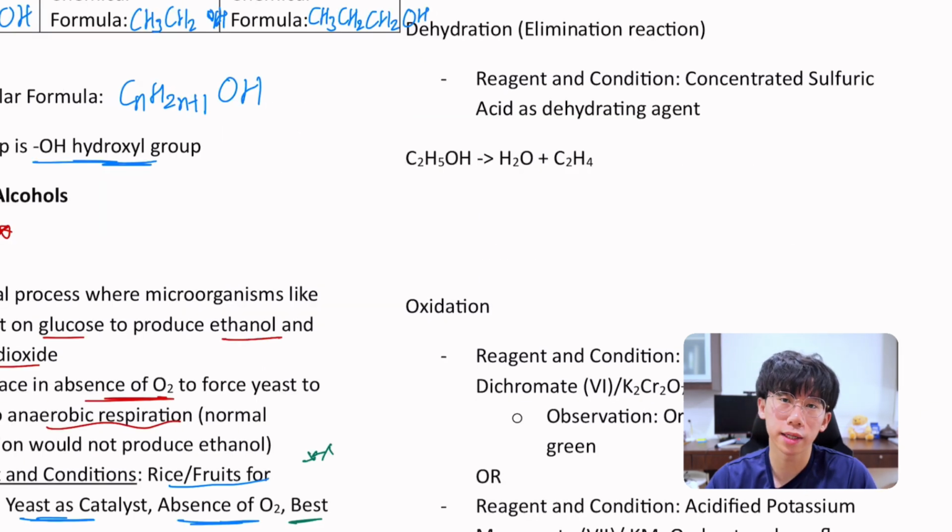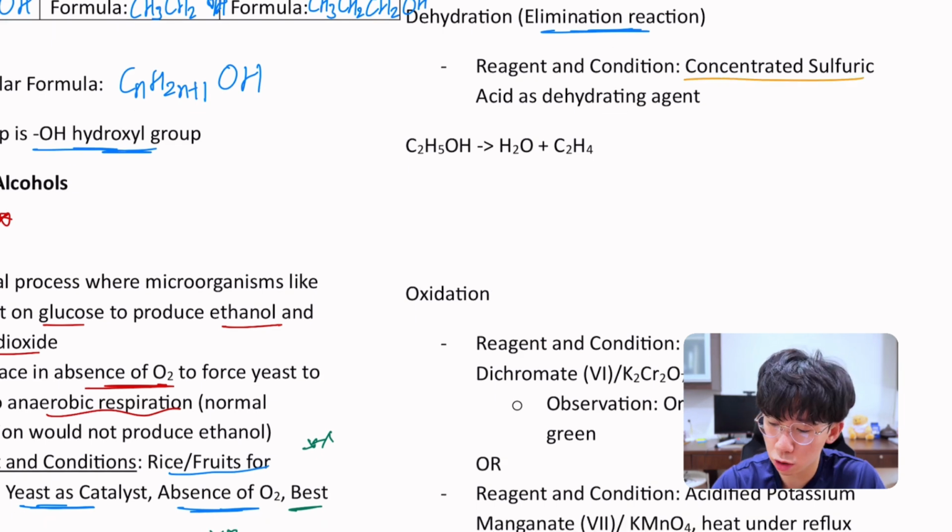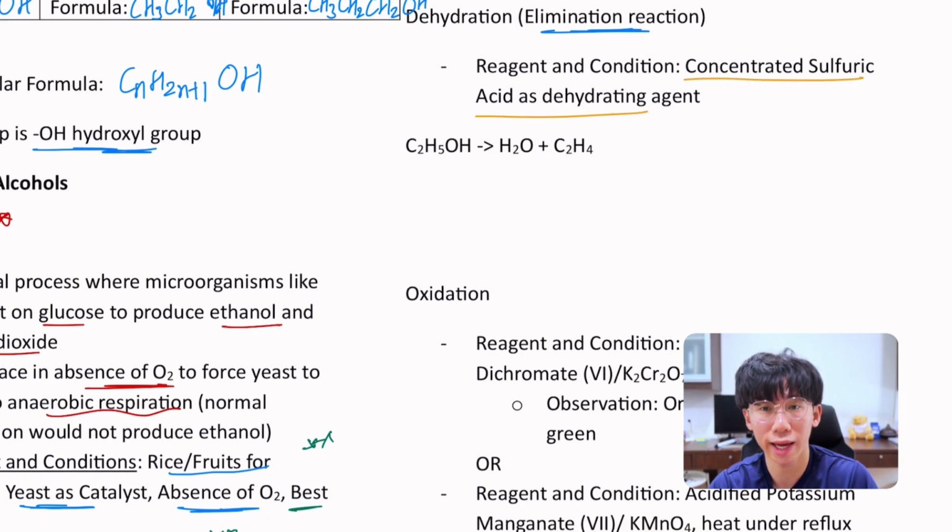Your alcohols can also undergo the opposite reaction of addition, which is called elimination. An example of this is a dehydration reaction, where H2O is removed from the compound. So just imagine, elimination is really just the opposite of addition. You only need concentrated sulfuric acid as the dehydrating agent.